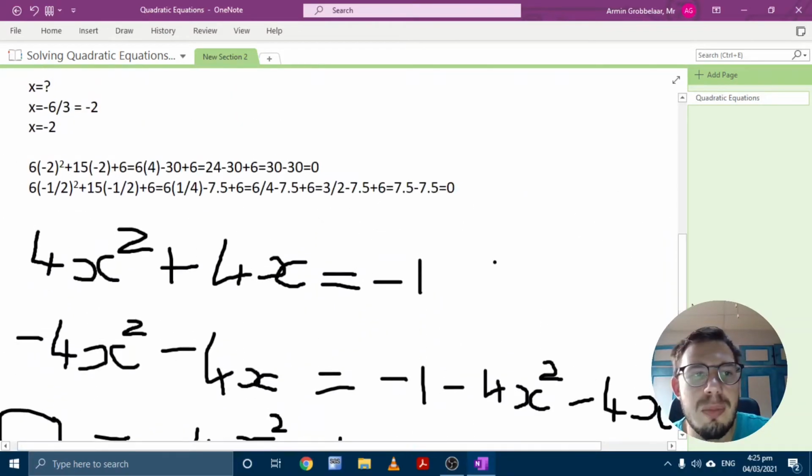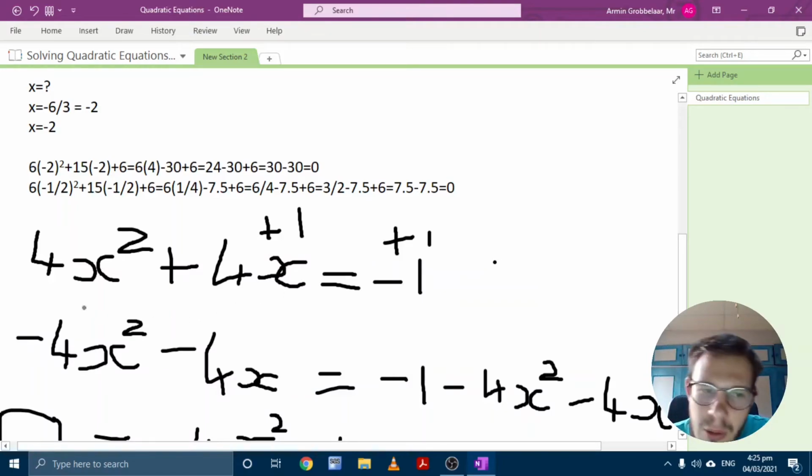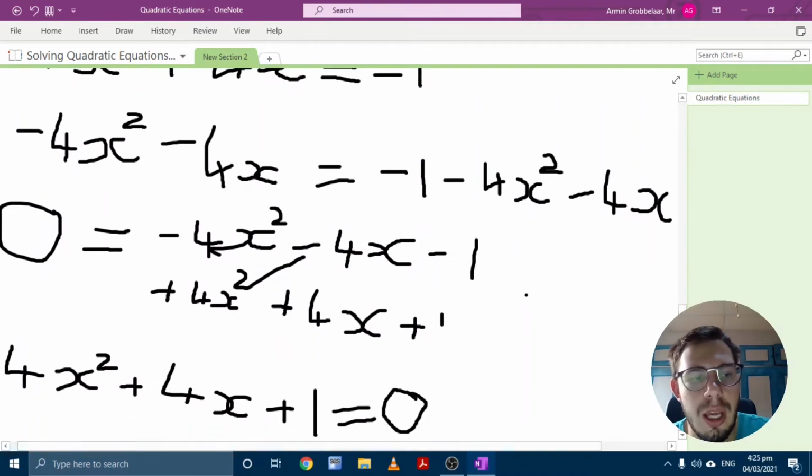So you see it's much easier just to take the minus 1 to the left, to add 1 on the right and add 1 on the left, than to take all those terms to the one side and then take all 3 to the other side, because I need the 4x squared, not minus 4x, to proceed.